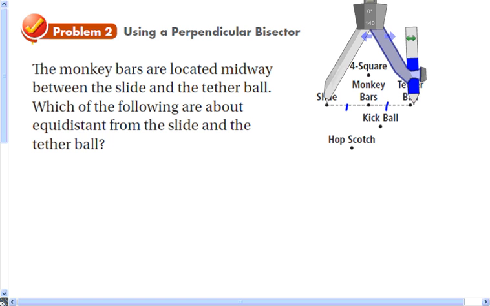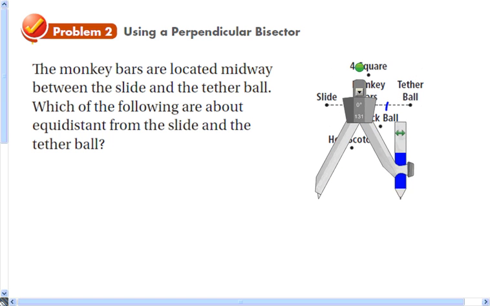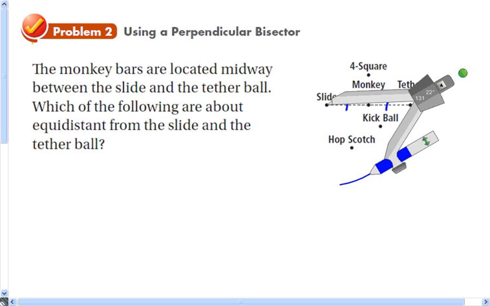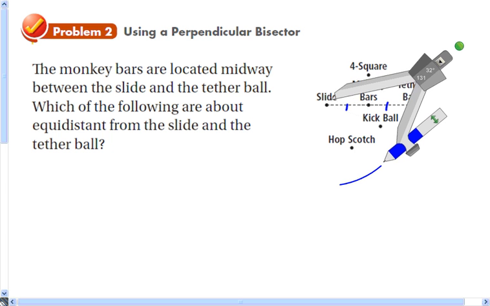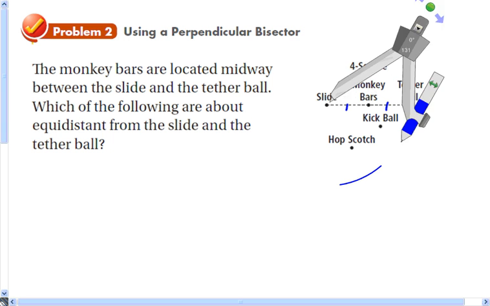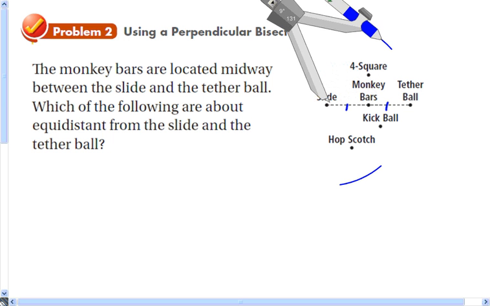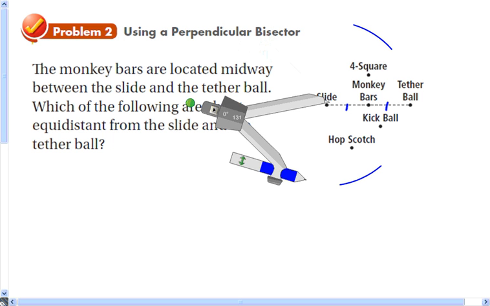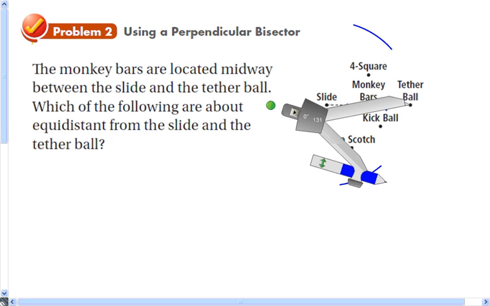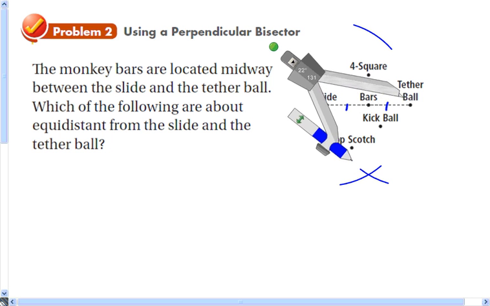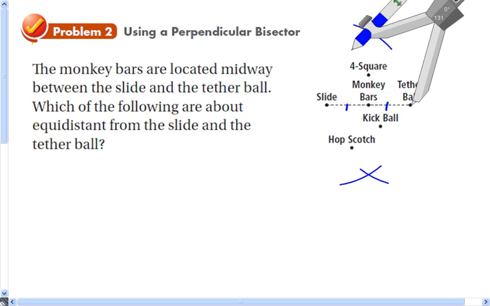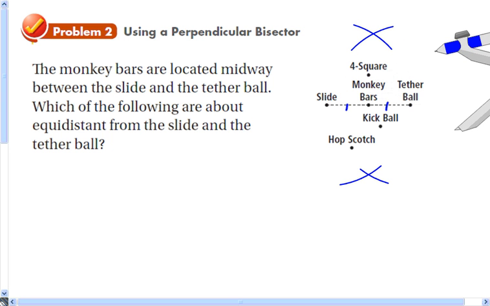The perpendicular bisector is the segment here to that, and that. And we can switch sides. And draw a line through there.